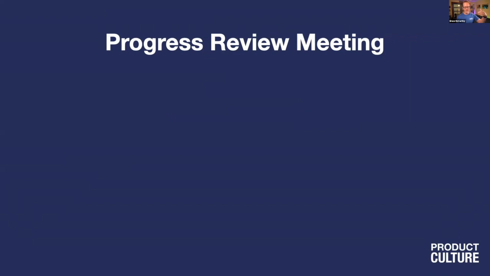So here's the order of things that I suggest. So many teams start their team meetings with essentially a round of status. And status usually means progress against work, against deadlines. And I don't want you to start that way.